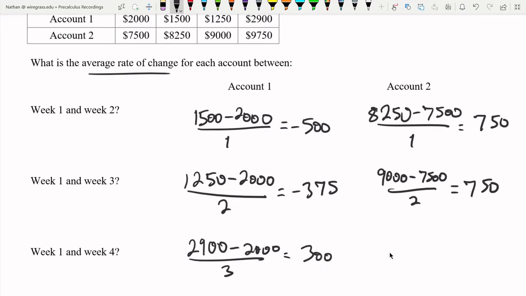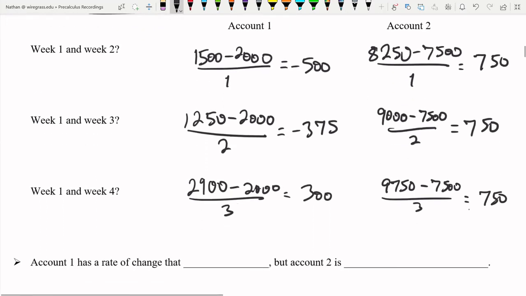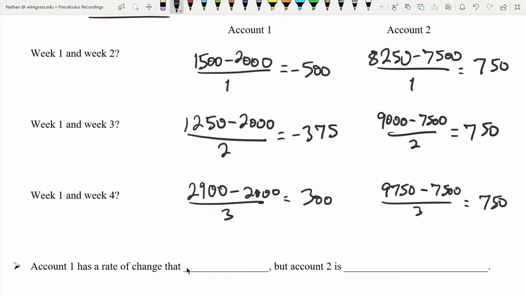And then we have 9,750 minus the initial, which was 7,500, over 3. That's going to be, I believe, 2,250 divided by 3, which is 750. And so you can see that account 1 has a rate of change that varies.